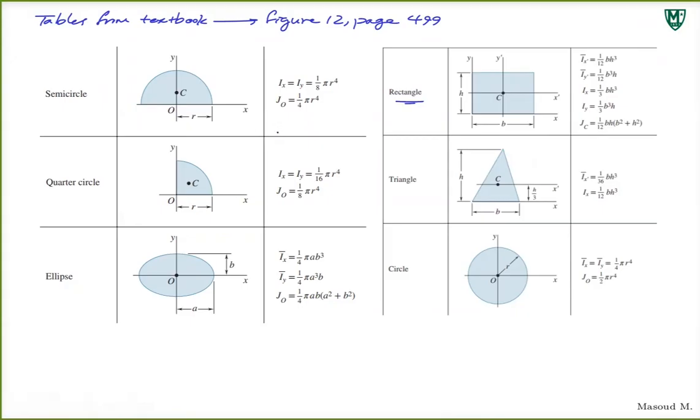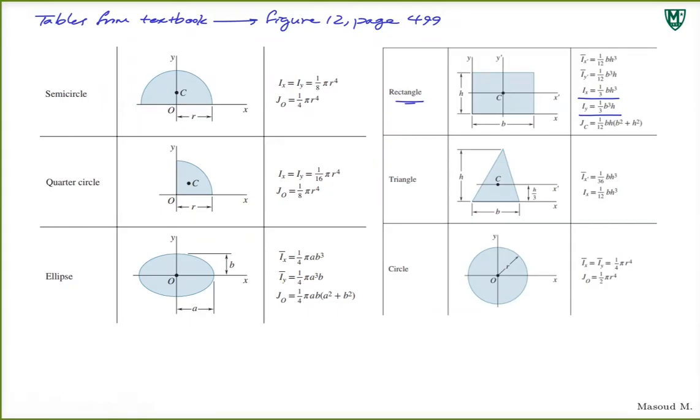For the rectangle, we are given the area moment of inertia about x and y. This is the moment of inertia about x, and this is the moment of inertia about y. Knowing b and h, I about x is 1/3 bh cubed, and I about y is 1/3 hb cubed.